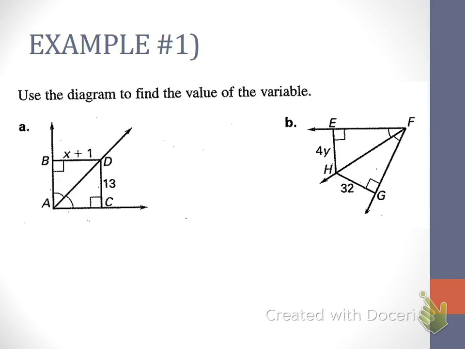What could we call that? It's an angle bisector. So we have an angle bisector, which means this point D on the angle bisector is equidistant from the two sides of the angle.